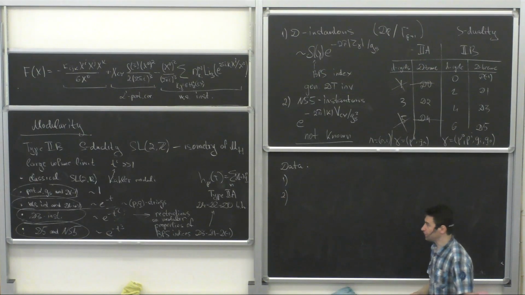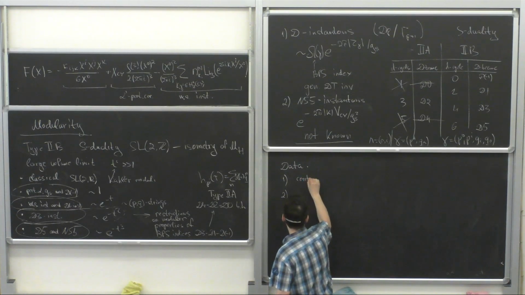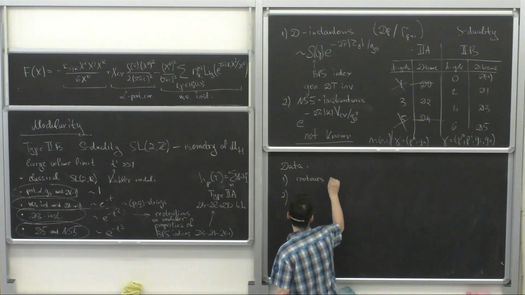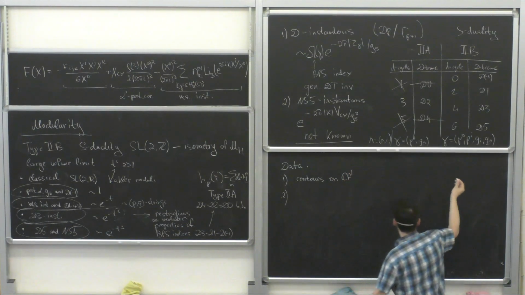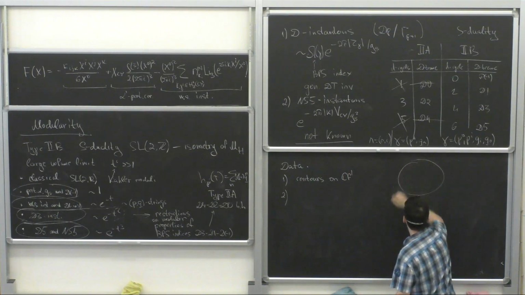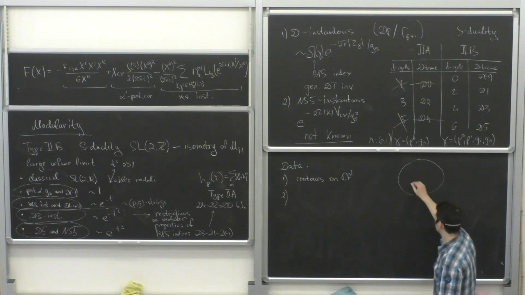So first of all, we need to draw some contours on CP1. So we have a certain Riemann sphere, yeah, and we want to draw some contours on this sphere.